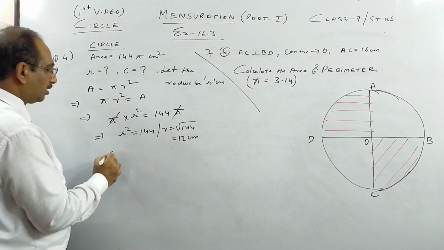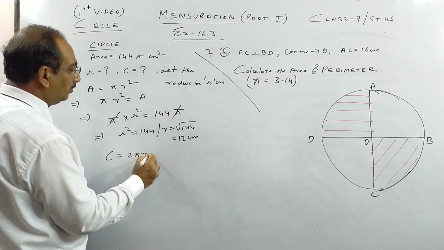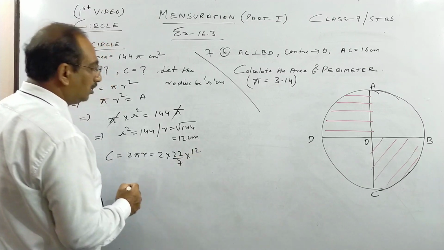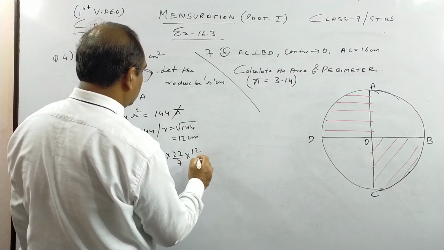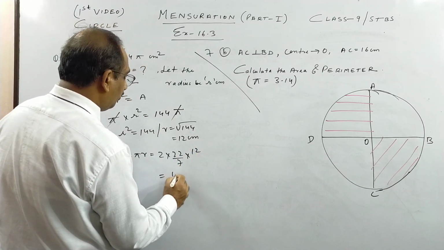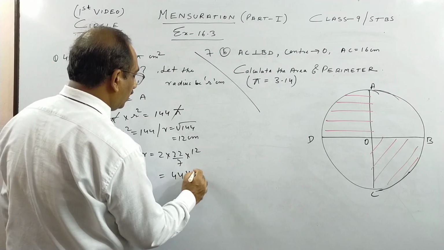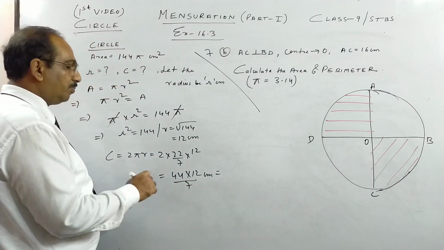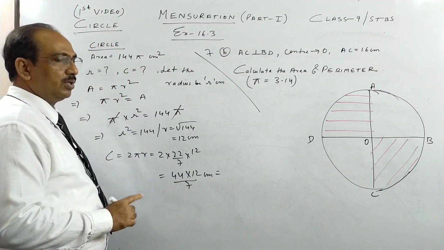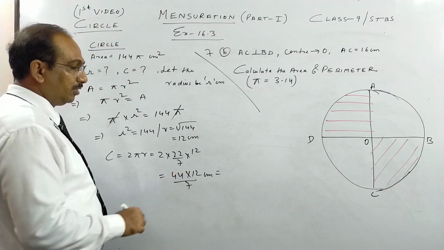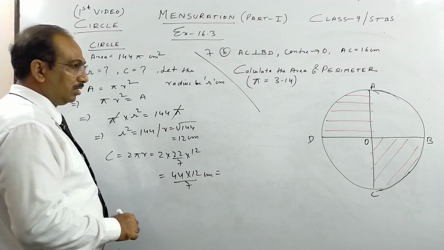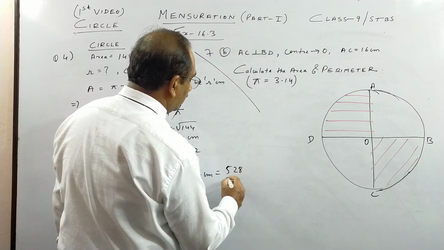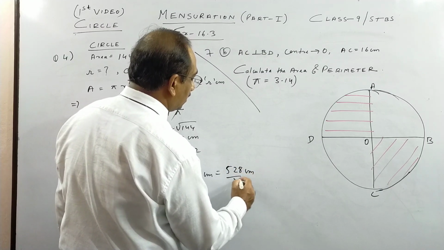Next we have to find circumference. Is 2 pi r. 2 into 22 by 7 into r is 12. So this, if you do 44 into 12 by 7 centimeter, if you multiply 44 by 12, 44 tens are 440 plus 44 twos are 88. 440 plus 88 is 528 by 7 centimeter.